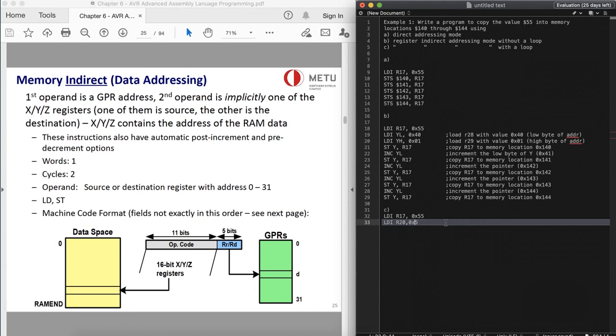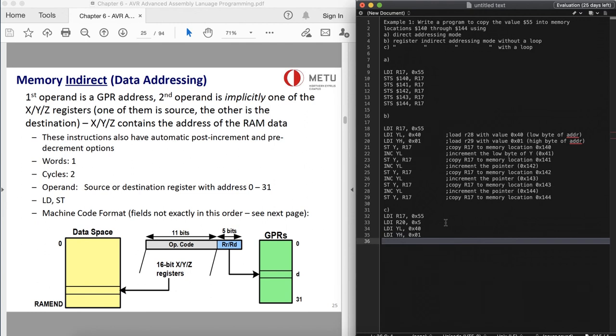Let's use it as a hex. Now we have got R20, and then we do LDI YL. Again, we load 40 to the low byte. LDI YH, we load 01 to the high byte. So we have got all the address over there.